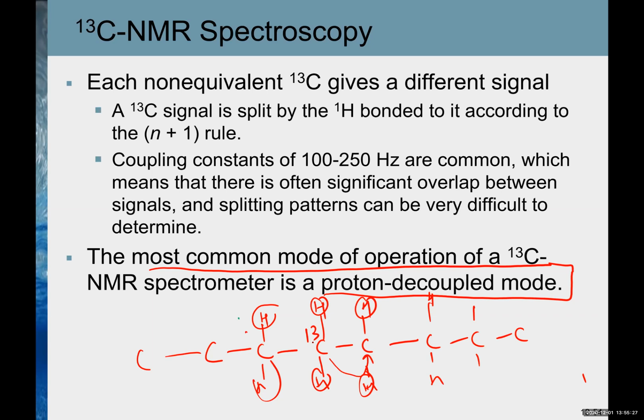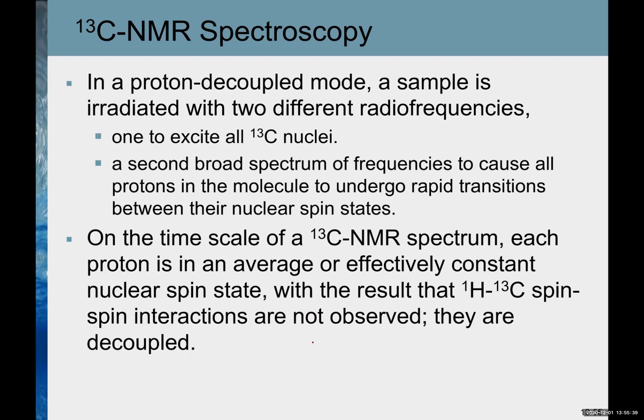It's more complex than that. We don't have to know the actual instrumental mechanism, but that's the mode. It's called proton decoupled mode. Two different radio frequencies are used. One excites all the C13 nuclei. The second is a broad spectrum, and it causes all protons to undergo rapid transitions.